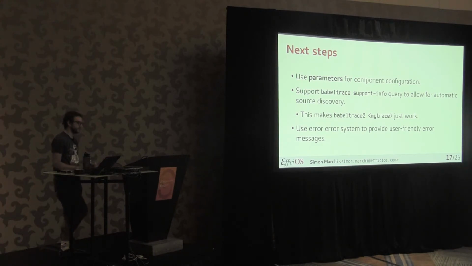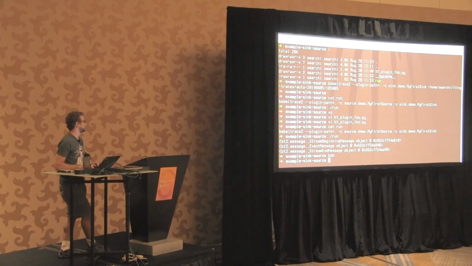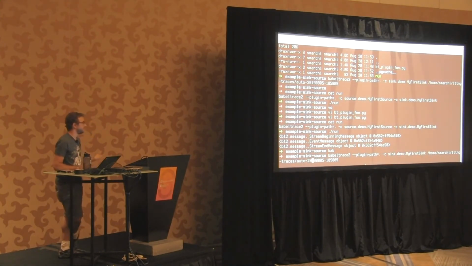Supporting this allows the Babeltrace CLI to automatically discover which source is the right one for which path you pass. If I take back this example here, I had my sink and I just passed the path. This is an example of the CTF plugin using auto discovery. I pass a path to the directory, and Babeltrace asks all known source component classes, do you recognize this?